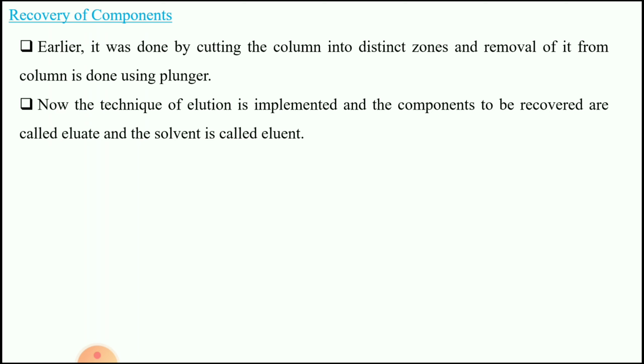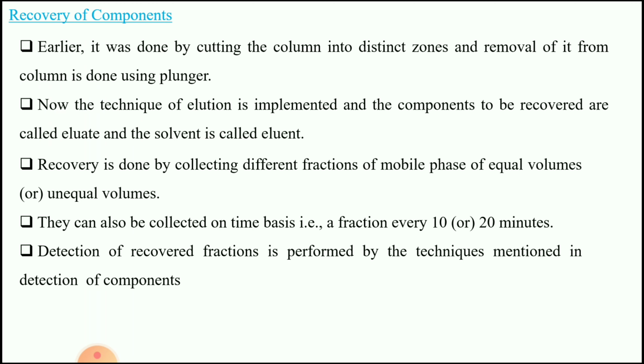That is the earlier technique. Nowadays we recover the samples by the elution process. Here we use the solvent to collect each and every separated compound in different fractions, with equal or non-equal volumes. They can also be collected on a time basis with interval times. Detection of the required fractions is performed by the techniques mentioned above.